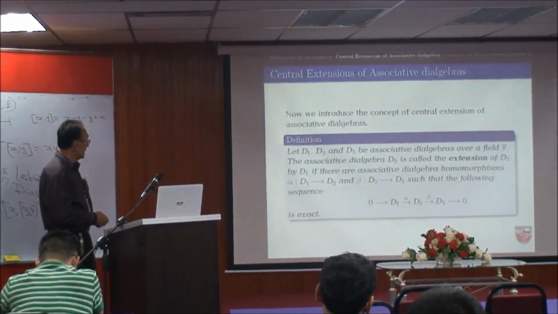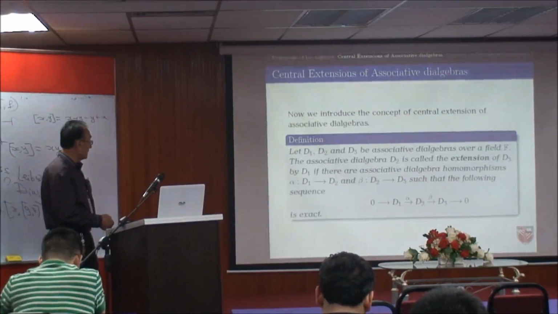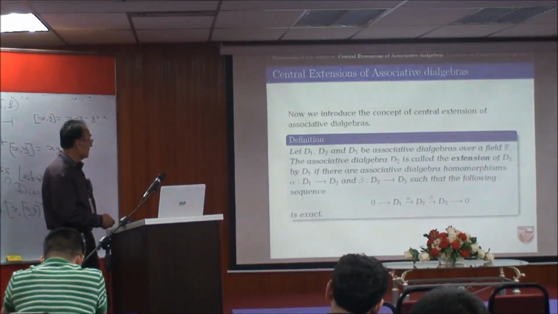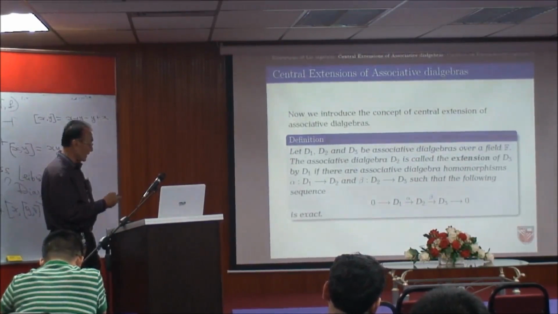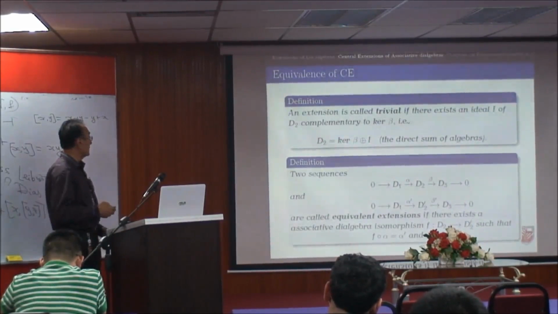If such homomorphisms exist, then we call D2 an extension of D3 by D1. It is called trivial if you have a direct sum of algebras.